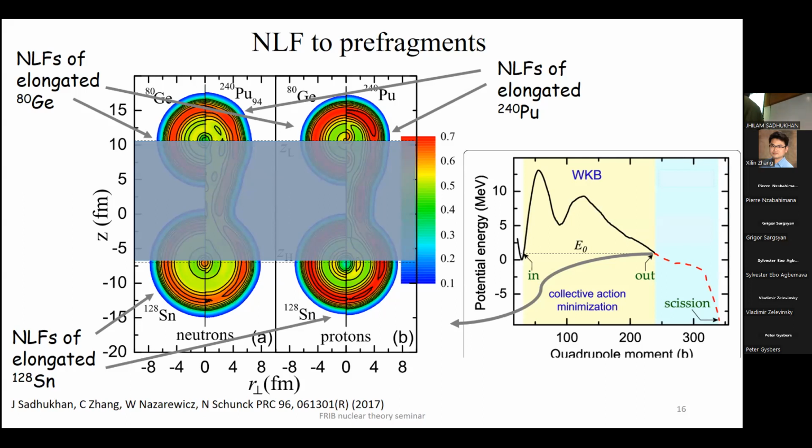Especially for very heavy systems, this region is quite low, because after the barrier, for heavy systems, this barrier is quite low, and that's why this region is not very large. Then from this outer turning point to scission, this region is quite long for heavy systems.